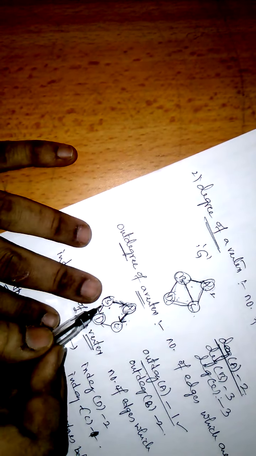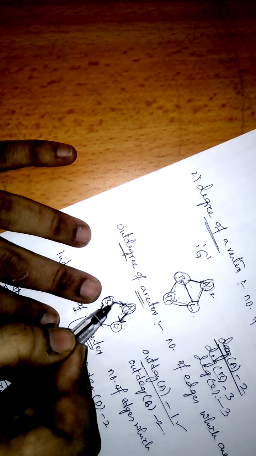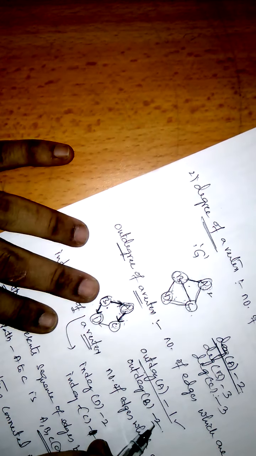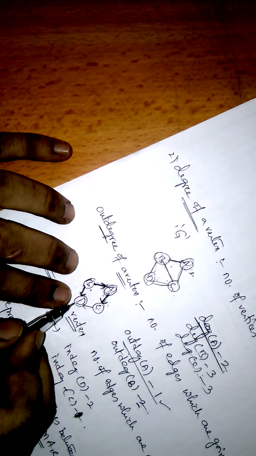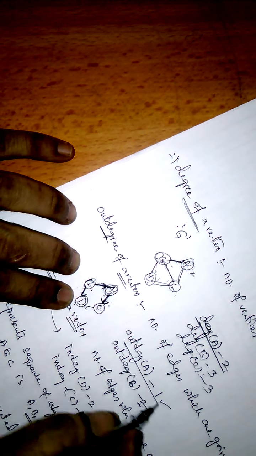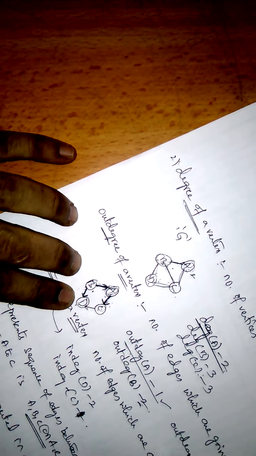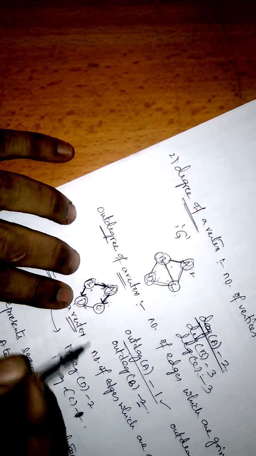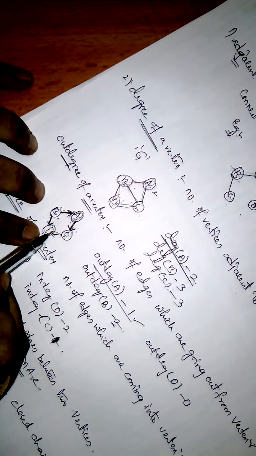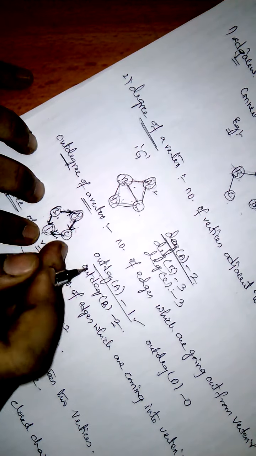There are two edges outgoing from B, B to A and B to D. So the out degree of B is 2. What is the out degree of D? No edges are going from D, so the out degree of D is 0. What is the out degree of C? Out degree of C is 1, only one edge is going from C. This is out degree.